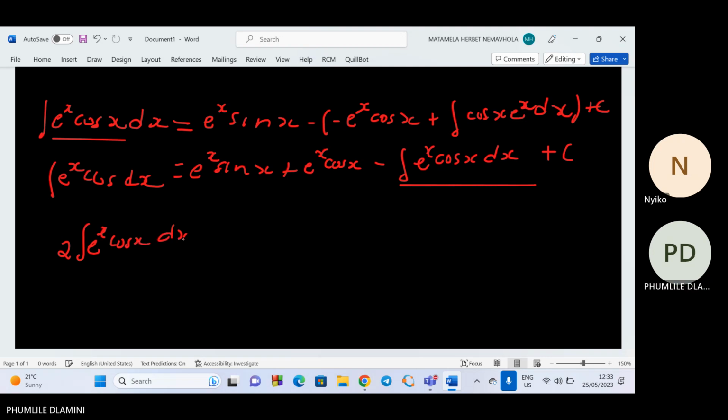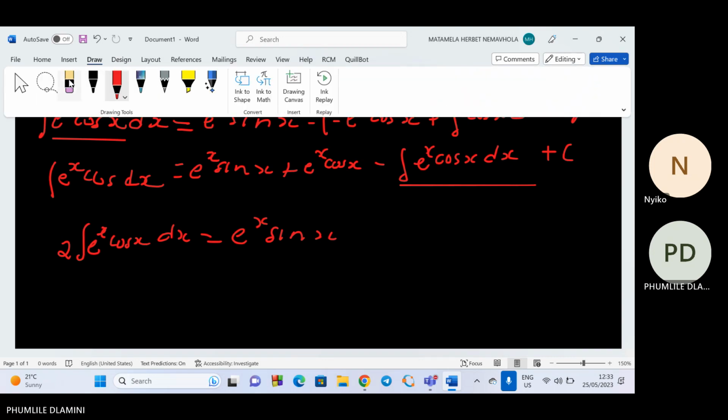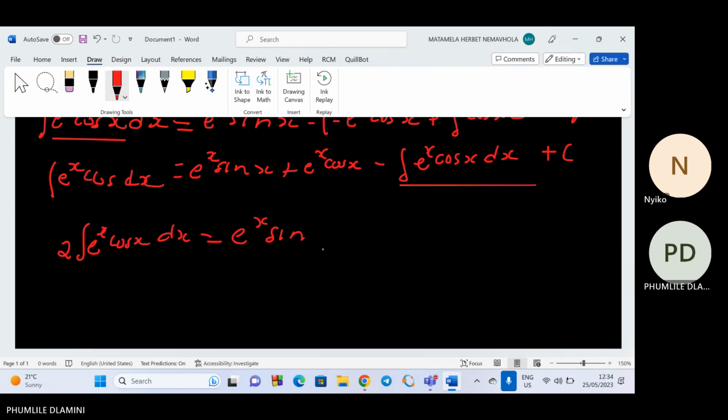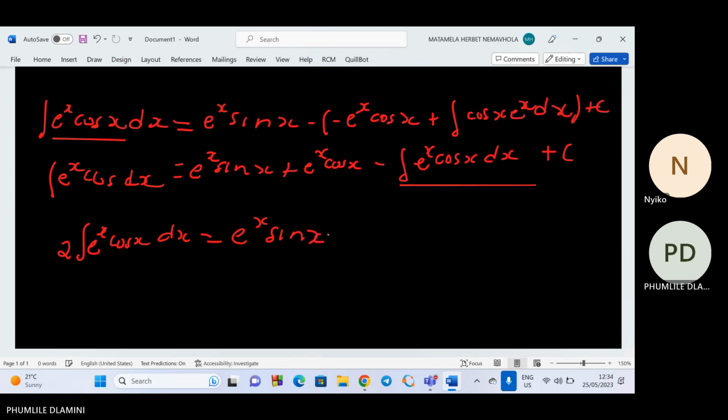dx, which equals, we take this one to the other side, e to the power x sine x plus e to the power x cos of x plus c. So we can divide by 2.